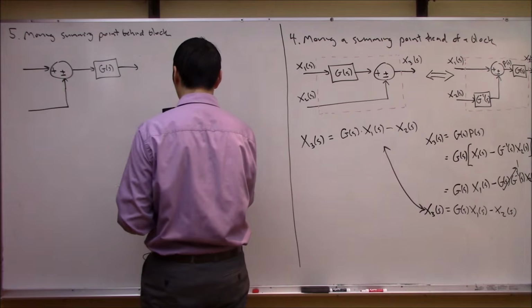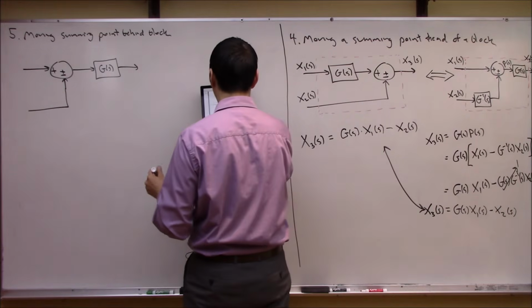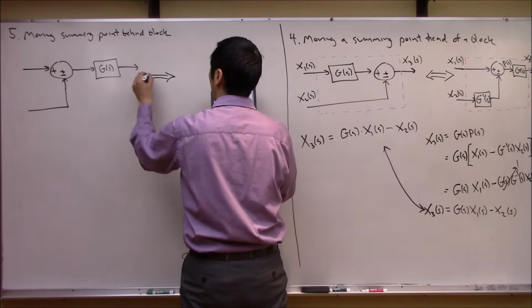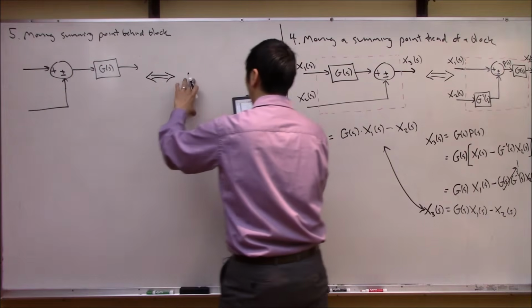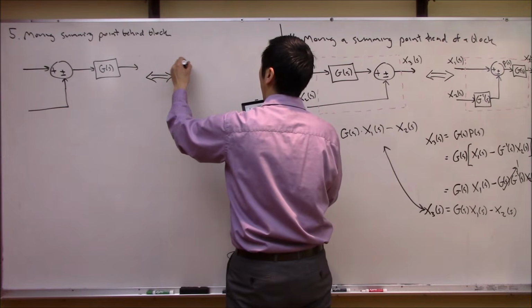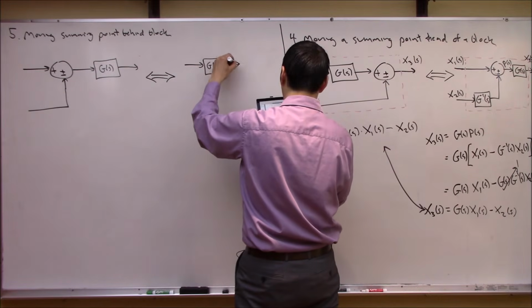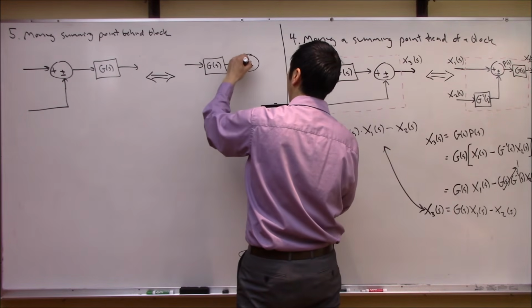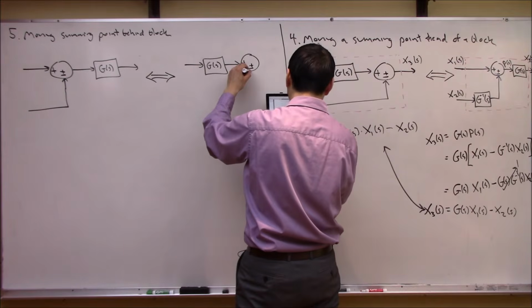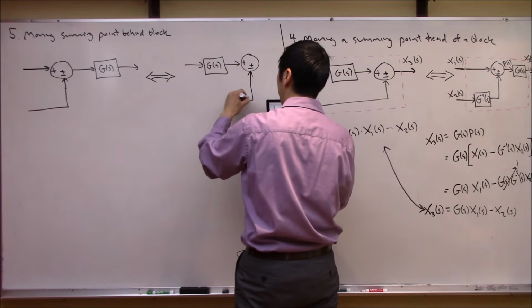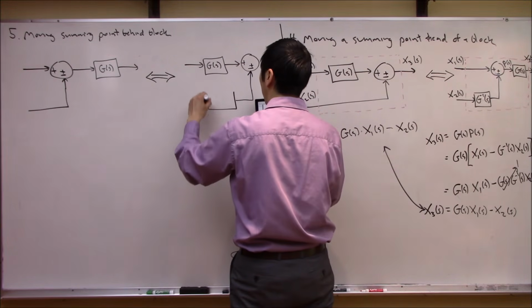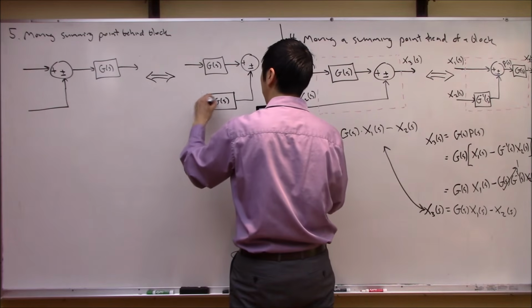Okay, so here's my original system, and now what I want to do is move this summing point behind the block, so I need an equivalent block diagram over here. The way to do this is g of s here, you move the summing block over here, and again, you keep the signs matched up in this second input, and what you actually have to do is just put in another g down here.